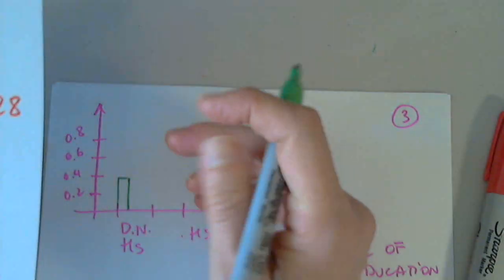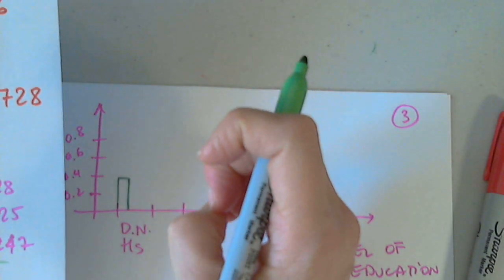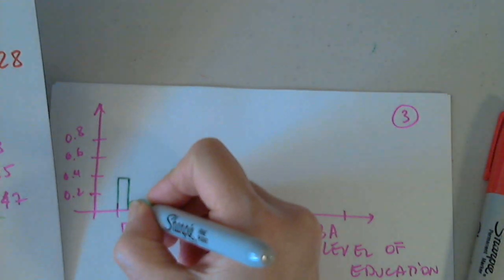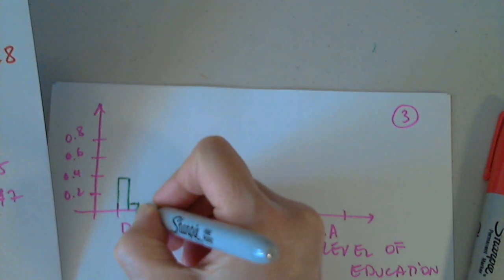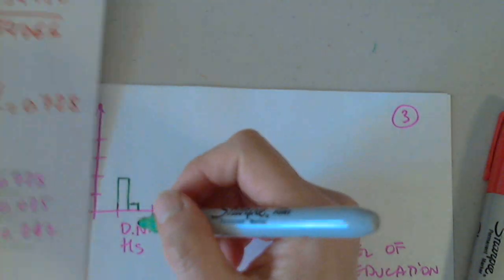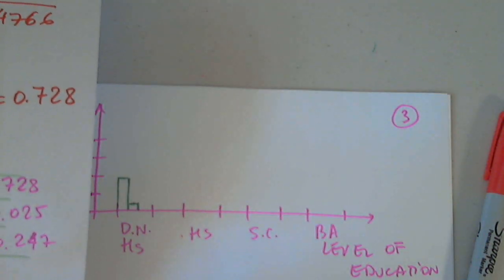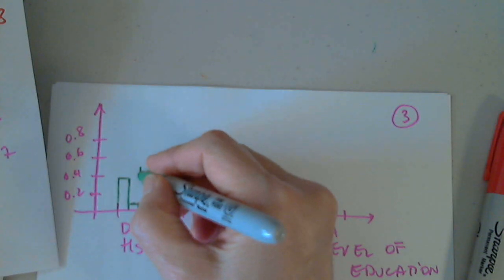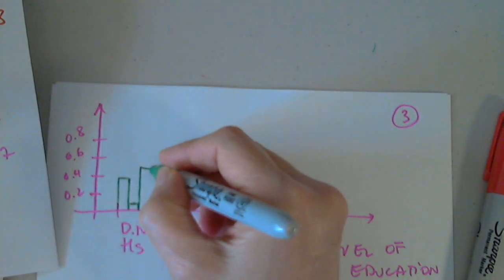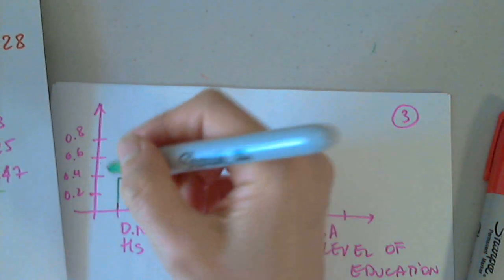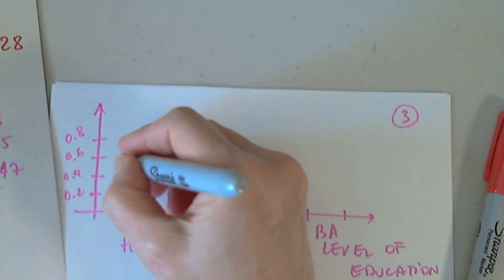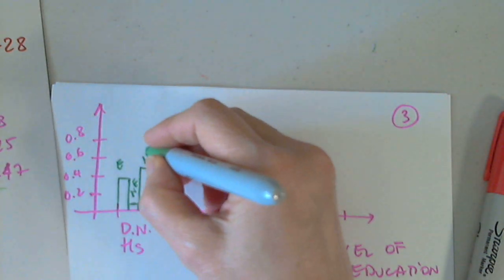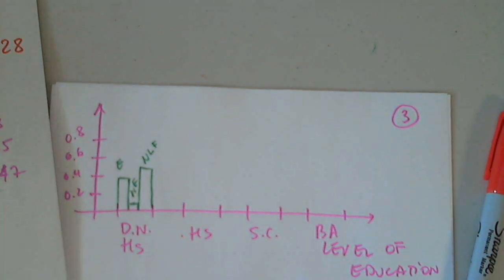And then did not finish high school, and they're unemployed. That's very small. And 50% is not in the labor force. So again, this is employed, this is not employed, and this is not in the labor force.